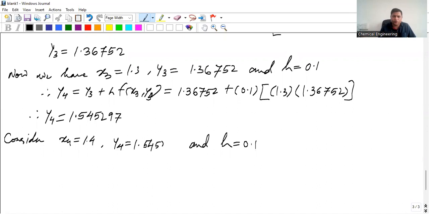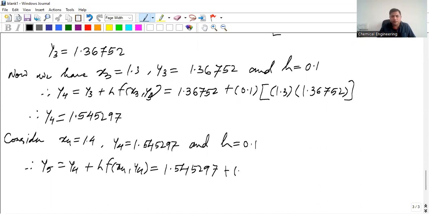So 1.545297, and hence we have y5 is equal to y4 plus h times f of x4, y4. So here we got 1.545297 plus 0.1 times 1.4 into 1.545297. We can have the value of y5.